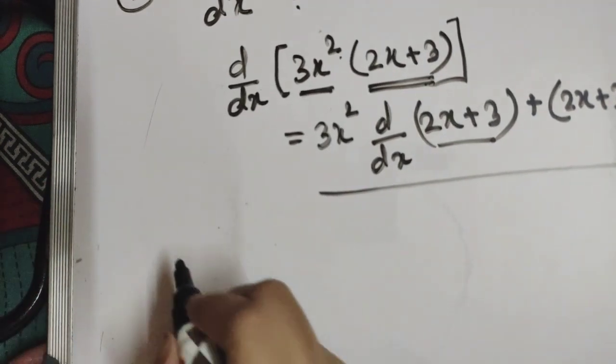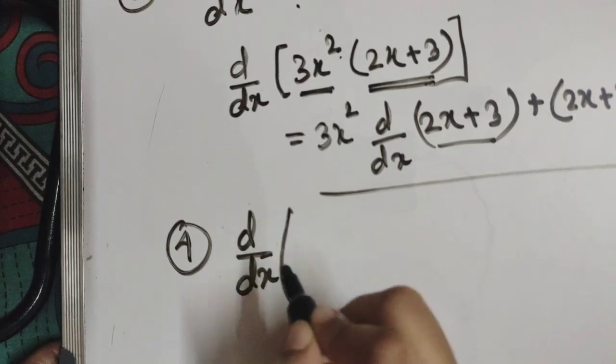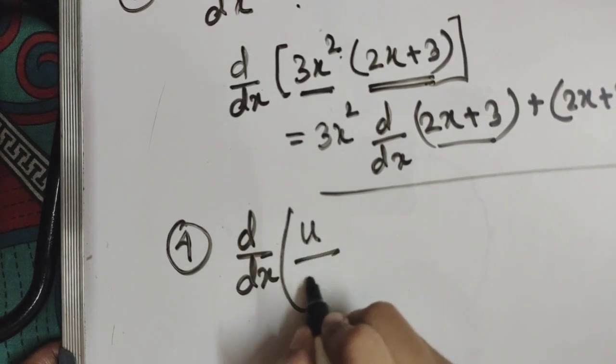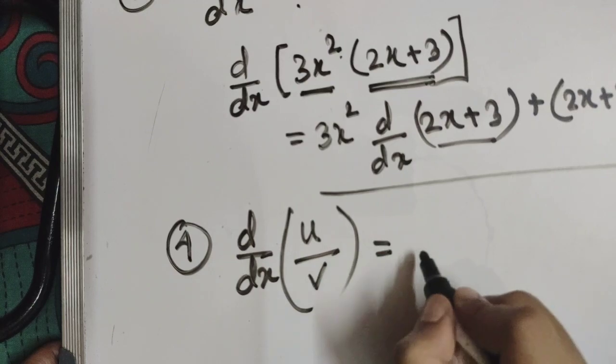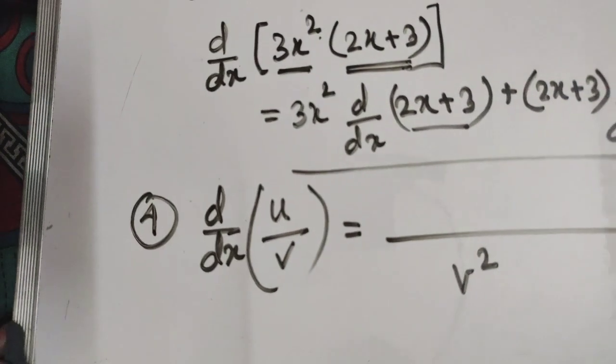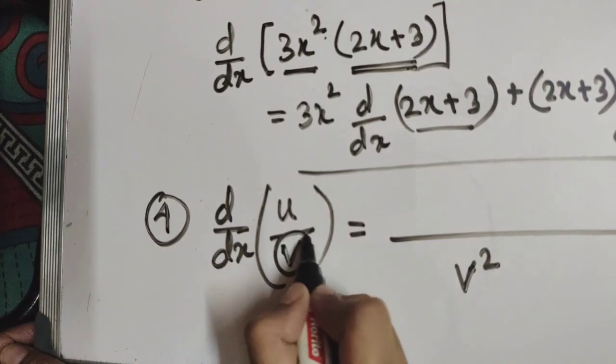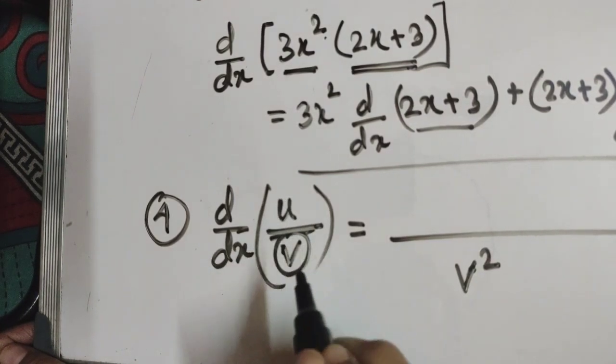Now let's say there are two functions in division form, that means d/dx of u by v, then how can you approach it?